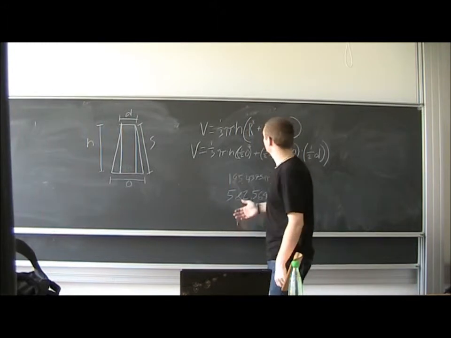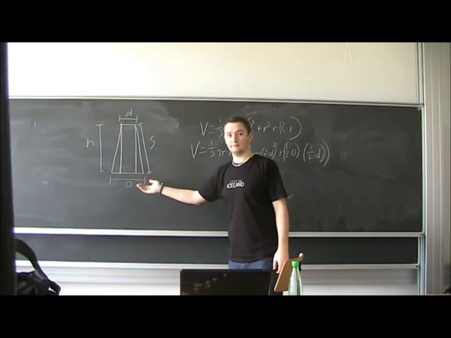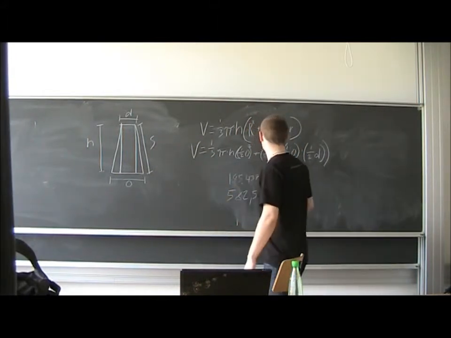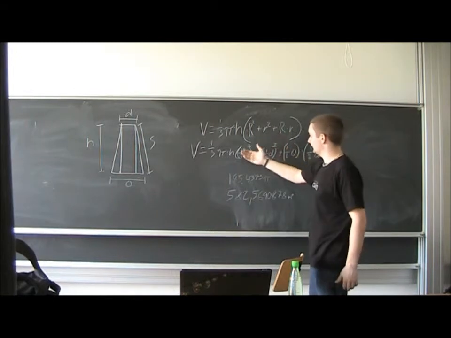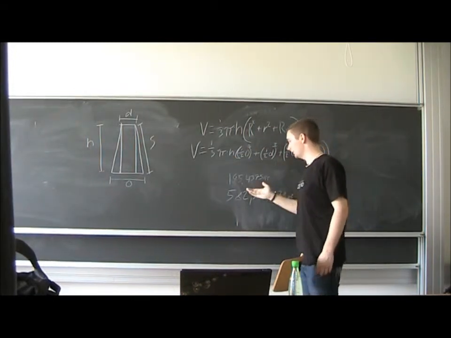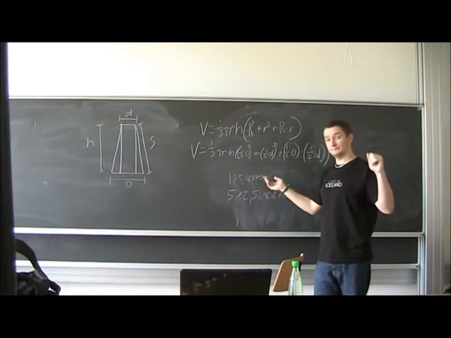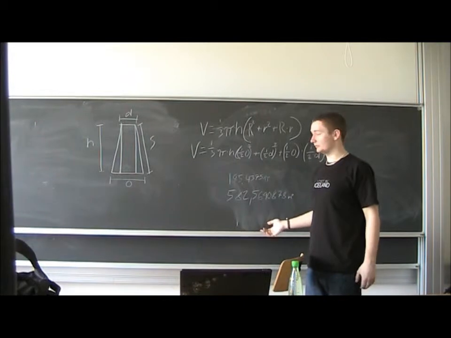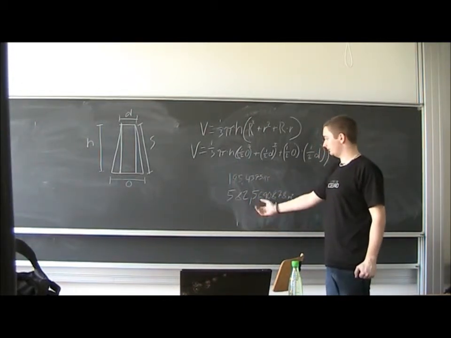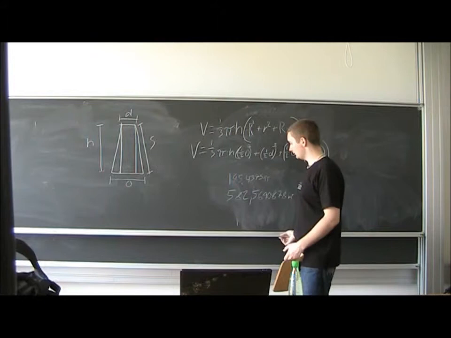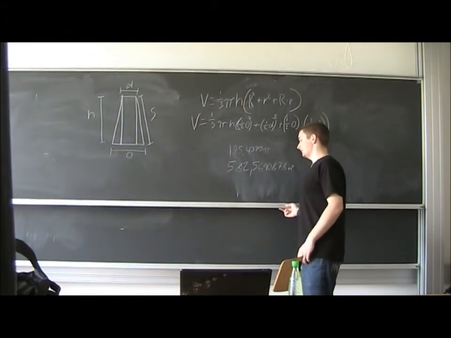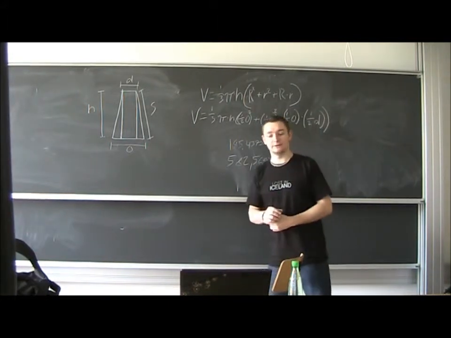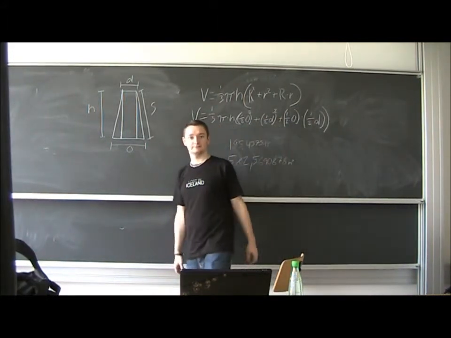Instead of a big R, we have half an O, and instead of a small r, we have half a d. We get the result of 185 pi, and we make our computer approximate it into 582.5690808 cubic meters.